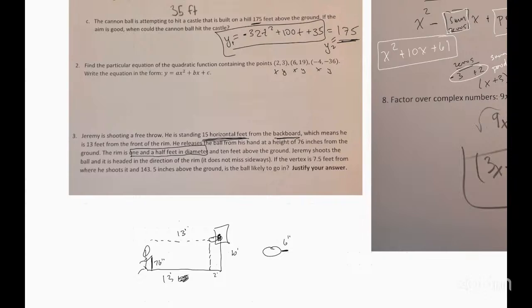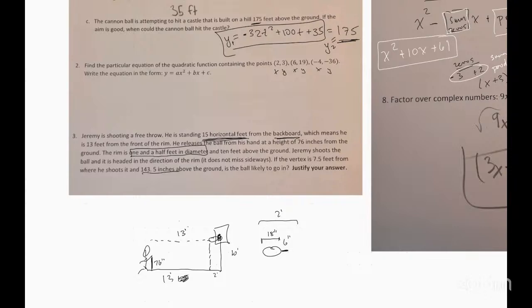Jeremy shoots the ball and is headed in the direction of the rim and does not miss sideways. If the vertex is 7.5 feet from where he shoots the ball and 100 that many feet above the ground, is the ball likely to go in? So we've got a vertex h comma k.